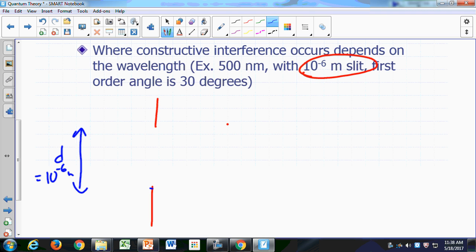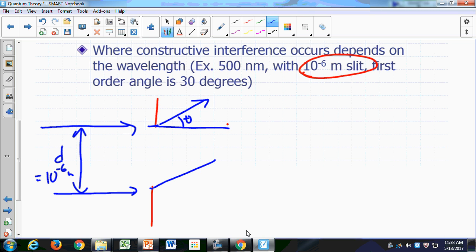So that's the distance from one end of the slit to the other. Let's say you've got light coming into the slit from this side, and it gets bent. Let's look at the light that's bent at this angle theta. So you have two parallel waves emerging at angle theta from this slit.